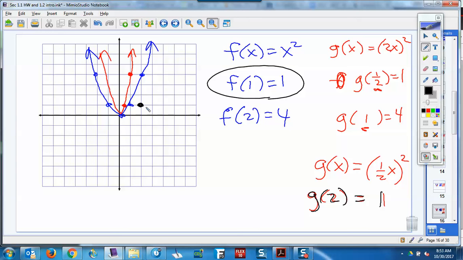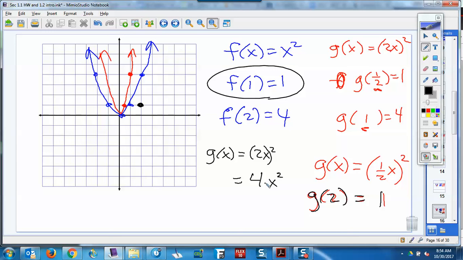Okay, yes it would, but it's easy to see why, because look at the way I wrote it. I wrote g of x equal to 2x squared, where the 2 is on the inside, but simplify that. What's 2x quantity squared equal to? 4x squared. Now what does that become? That's a vertical stretch of 4.